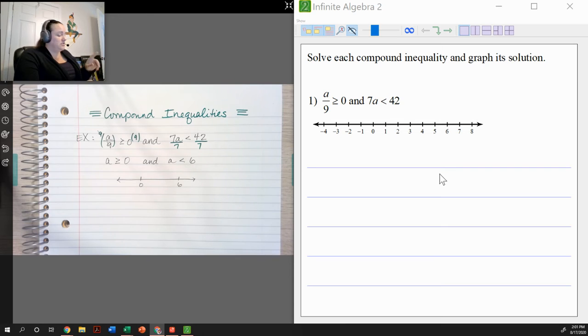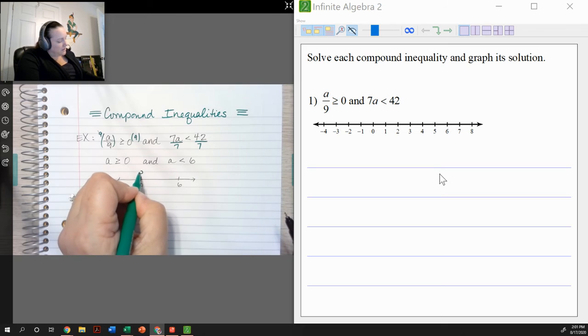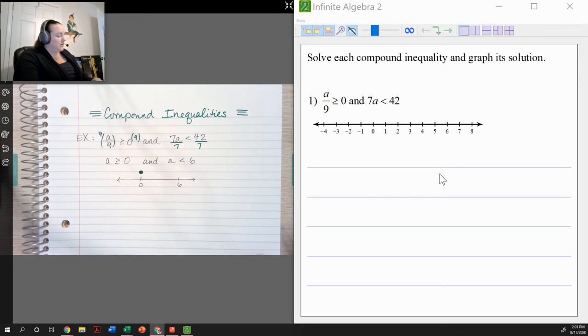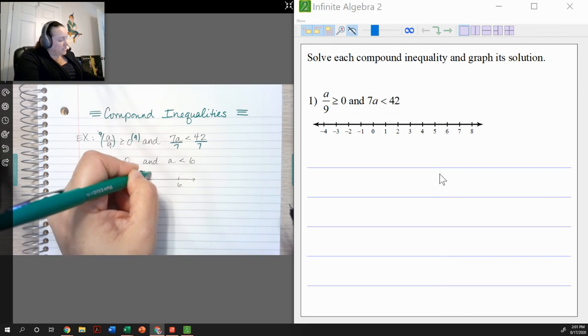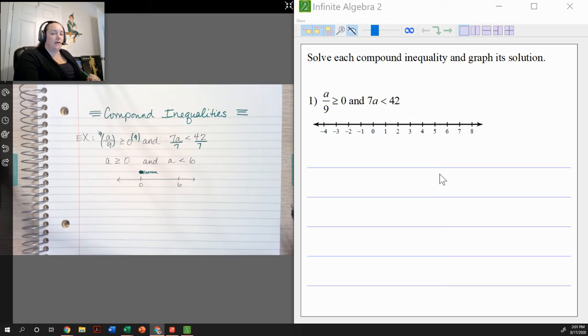So that means we need to decide if we have an open or closed circle. If I have greater than or equal to, that is a closed circle. If I want a to be greater than or equal to 0, greater than means I shade to the right.